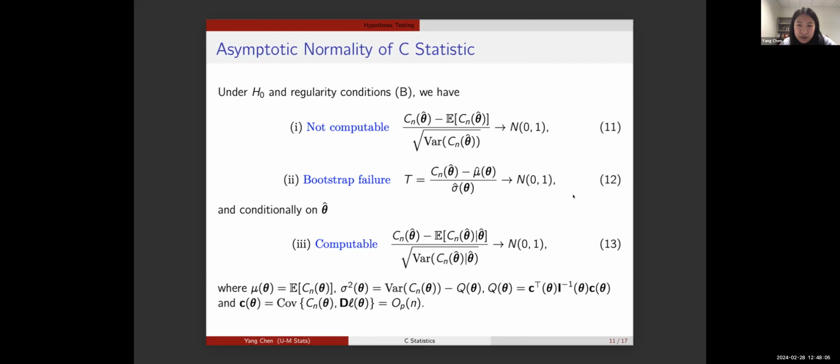For simulation experiments, you can also plug in the truth. So you can compare the two distributions, plugging in the truth versus plugging in the MLE, show the discrepancy between the two distributions and see how the p-values change.